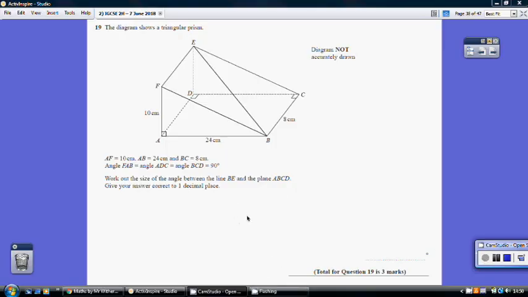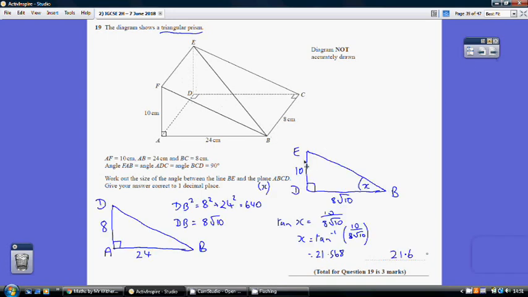Question 19. Now I think almost the hardest bit here is really getting to grips with what they're asking. Work out the size of the angle between the line BE and the plane ABCD. Now you've really just got to picture the two-dimensional triangle EDB, and that's the angle that we've got to work out, that angle at B. So just hook out the appropriate 2D triangle.